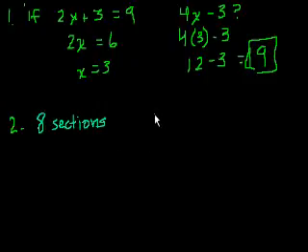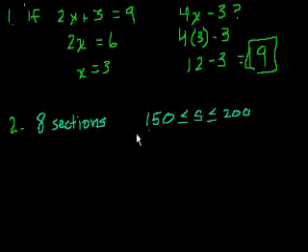So if we say S is seats, seats are greater than or equal to 150 and less than or equal to 200. This is seats per section. Hope I'm not confusing you. Which of the following could be the number of seats in this auditorium?